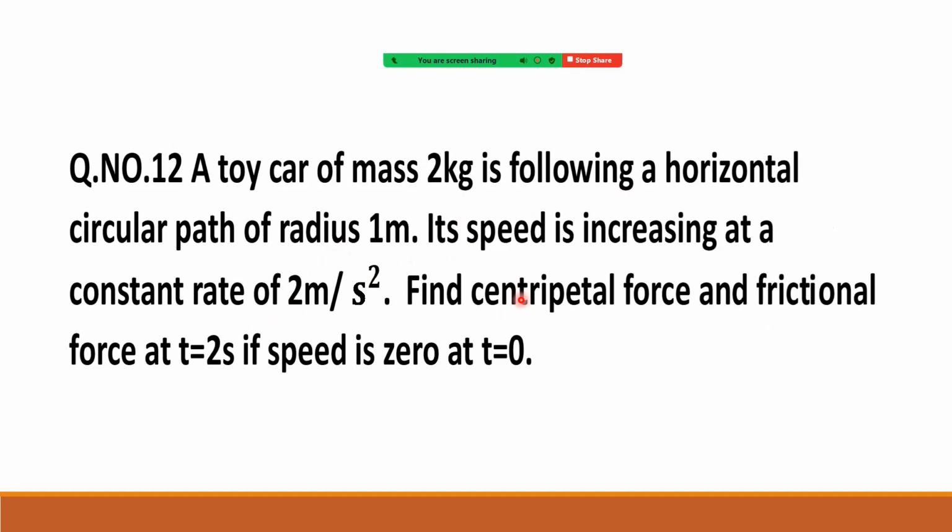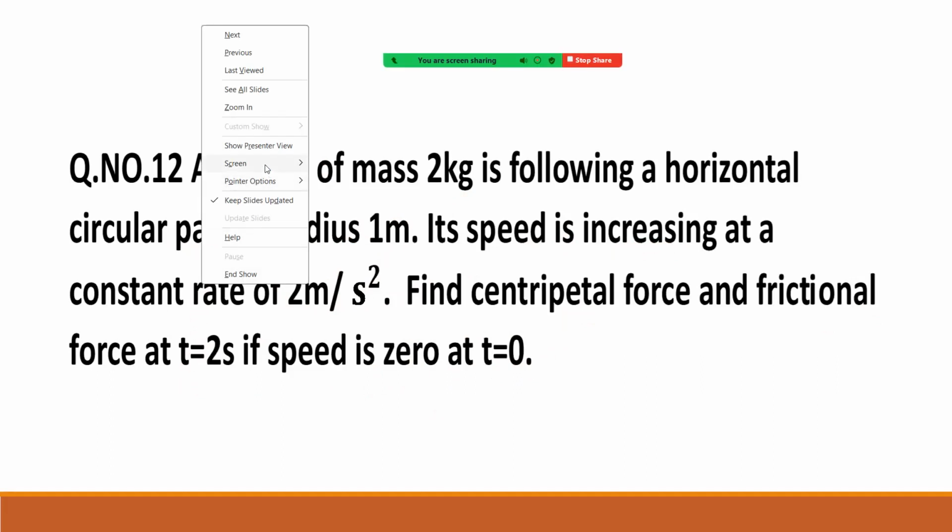Find the centripetal force and frictional force at t equal to 2 seconds if speed is 0 at t equal to 0. So see the question carefully. Horizontal circular path, radius is 1 meter. Speed is increasing. We are given tangential acceleration, 2 meter per second square. At t equal to 0, speed is 0. Find the centripetal force and frictional force at t equal to 2 seconds.